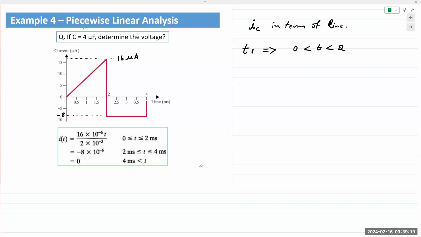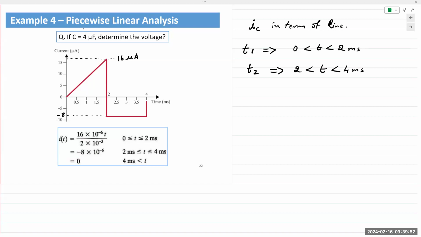This representation, by the way, simply means T is between 0 and 2. T takes on any value between 0 and 2 or less than 2. And then T2 is between 2 and 4. And again, it's milliseconds. So do not forget that. 0 to 2 and 2 to 4.